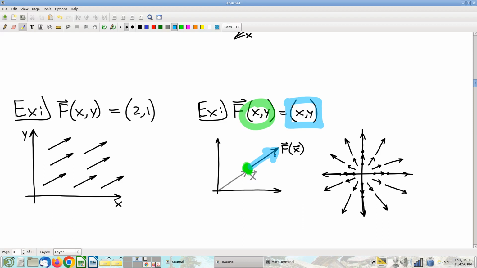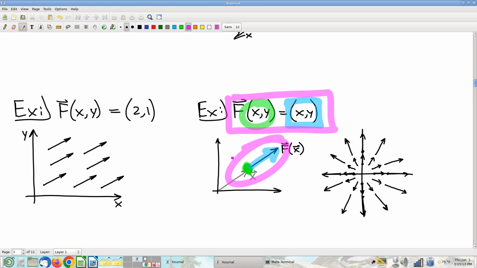And so we draw it over here like this. Everybody good? Okay. So now this is a picture of an in and an out for this vector field, but that's just for one particular point.